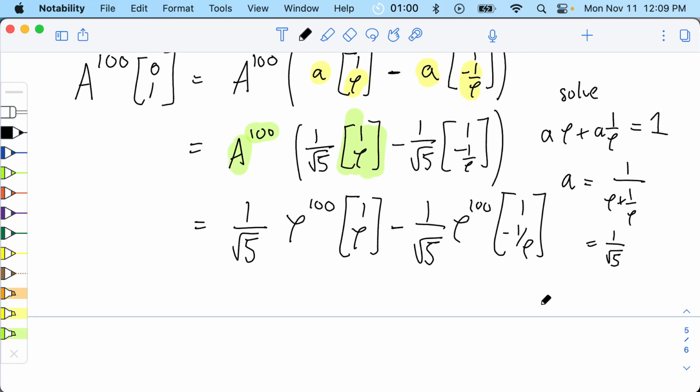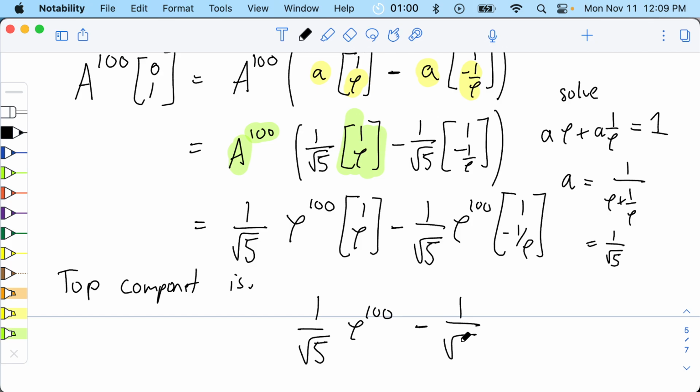Okay, and in particular, the top component is, what is it? It's 1 over square root of 5 times phi to the 100, minus 1 over square root of 5 times, I put the value in wrong, it should be negative 1 over phi, to the power of 100.